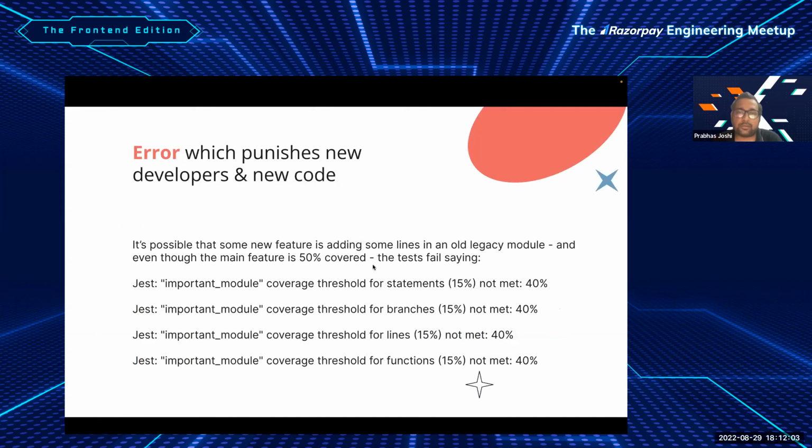So these are some of the errors that come up. And this is a very common use case, that you have a new folder, new feature, and 90% of your code is in that new folder. And let's say you change 5 or 6 lines or 10 lines in some existing code, which is not very well covered. Okay. So you will basically get this kind of error that important module is not covered because it is required to be at 40, but it is at 14 right now, right?